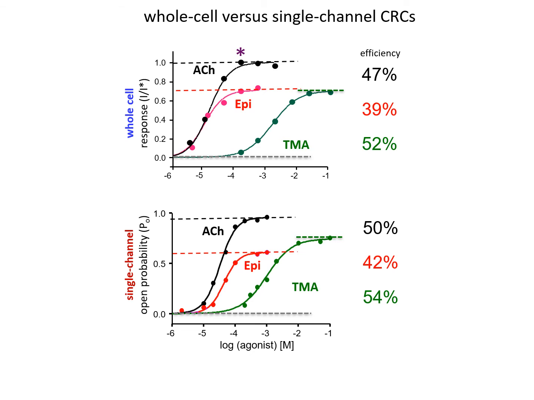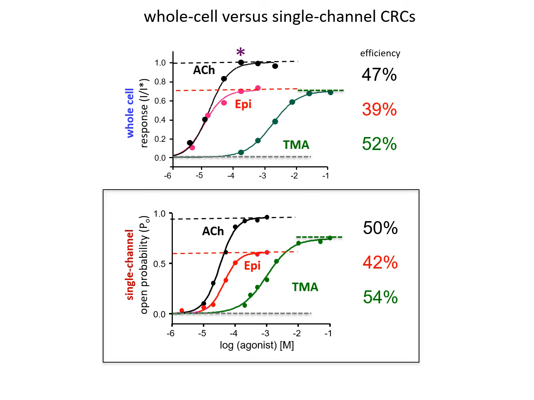That's due to desensitization. So there's a few percent reduction in the efficiency because of desensitization when you do not remove it from the accounting. But we're going to stick with the more accurate method, the single channel open probability method. It may not be generally applicable, but it is applicable in nicotinic muscle type receptors, so we're going to go with the better way to measure it.